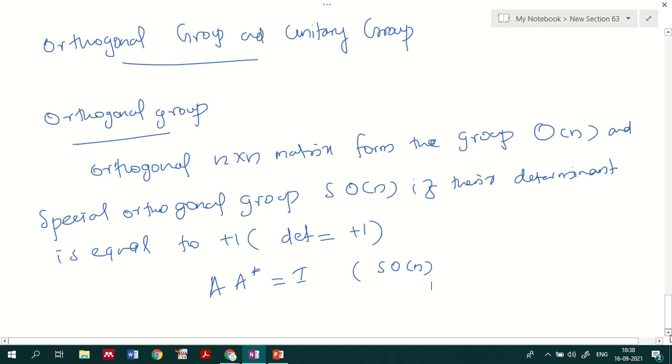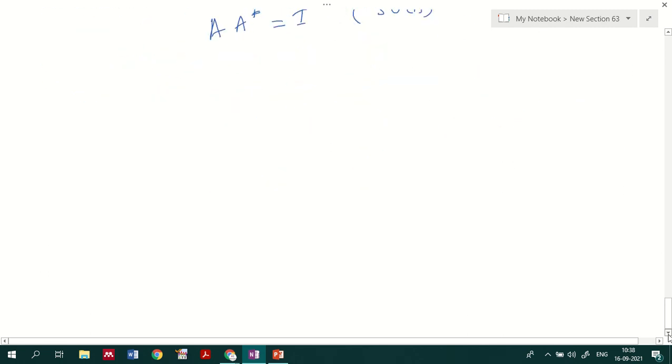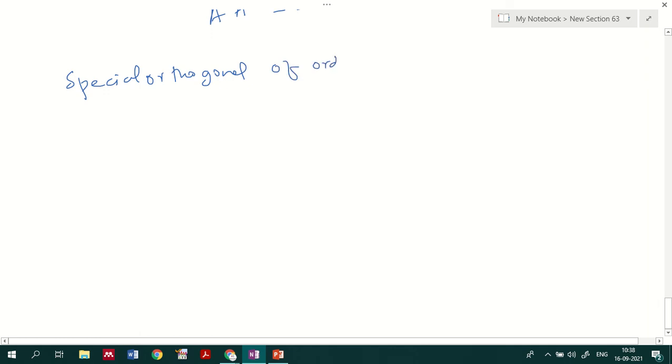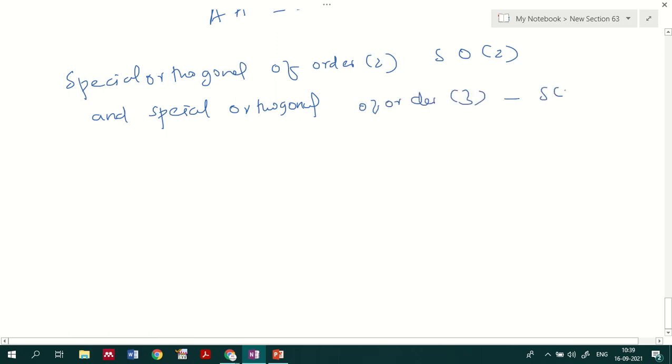Now let me consider a special orthogonal group of order 2, which we call SO of 2. And we will also have the special orthogonal group of order 3, which we call SO of 3.